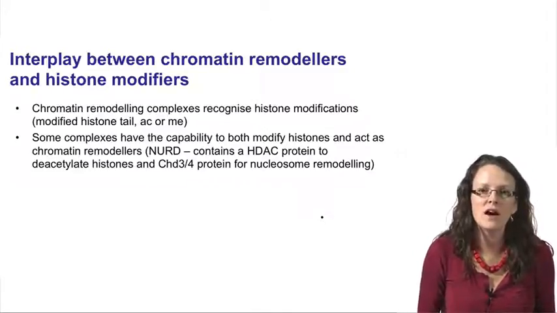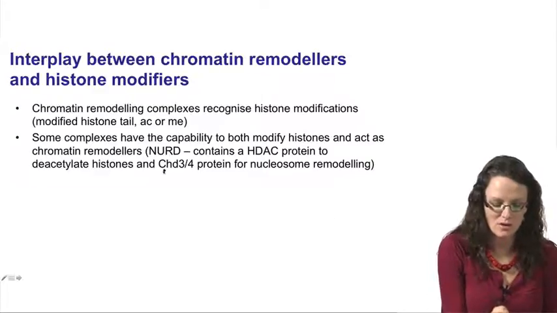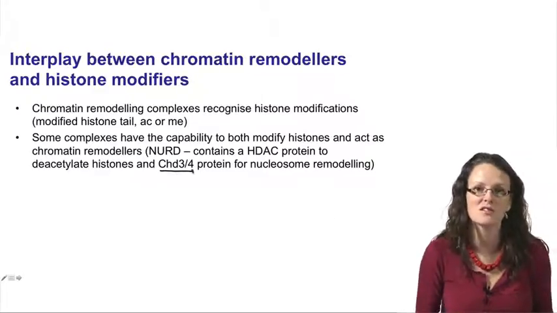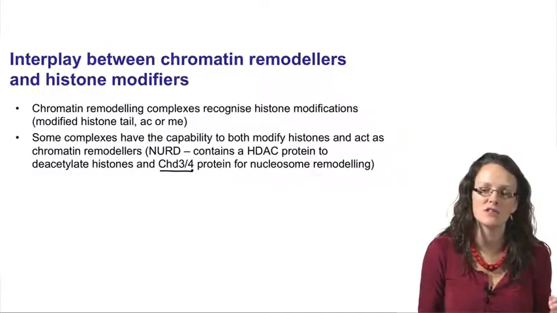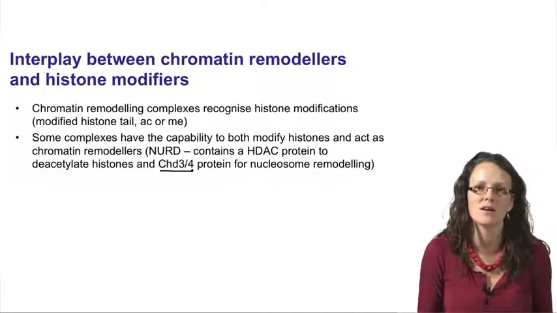But moreover, there are other complexes, for example the NuRD complex, which have within that one chromatin remodeling complex the ability not only to remodel the chromatin, in this case through the protein called CHD3 or CHD4, it's a chromodomain protein, but also through having a histone deacetylase moiety. So it's also got a histone deacetylase which can remove the histone acetylation marks in the surrounding chromatin.